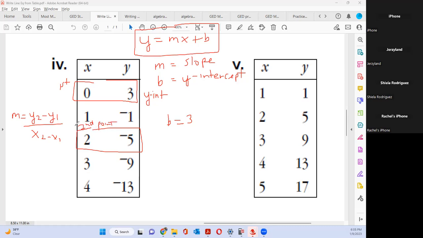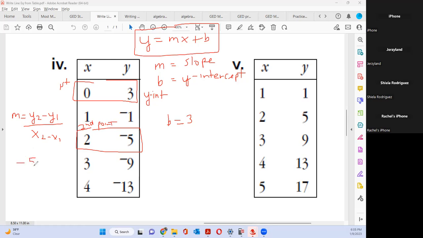So y2 would be what? It's going to be minus 5. So y2 means the y of my second point. Does everybody understand that?